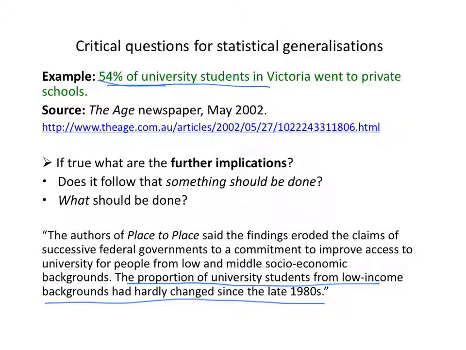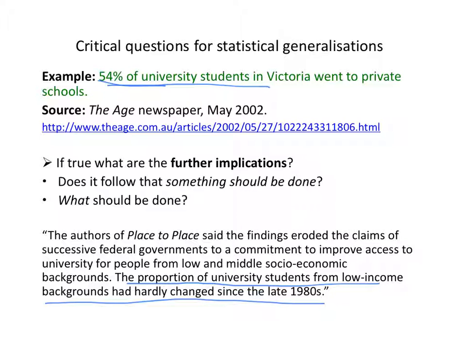If it's decreasing and has been decreasing for a while, you might say, well, the trend is downward, and so perhaps we don't really need to do anything more. If the trend was upwards, on the other hand, and you thought it was important that private school students weren't overrepresented in universities, then you might think it would follow that we should try and do something about it to change this statistic.